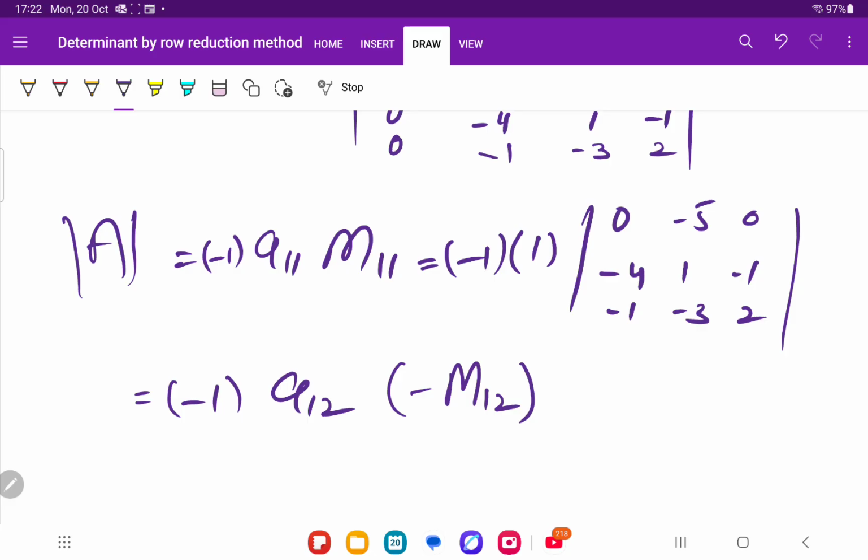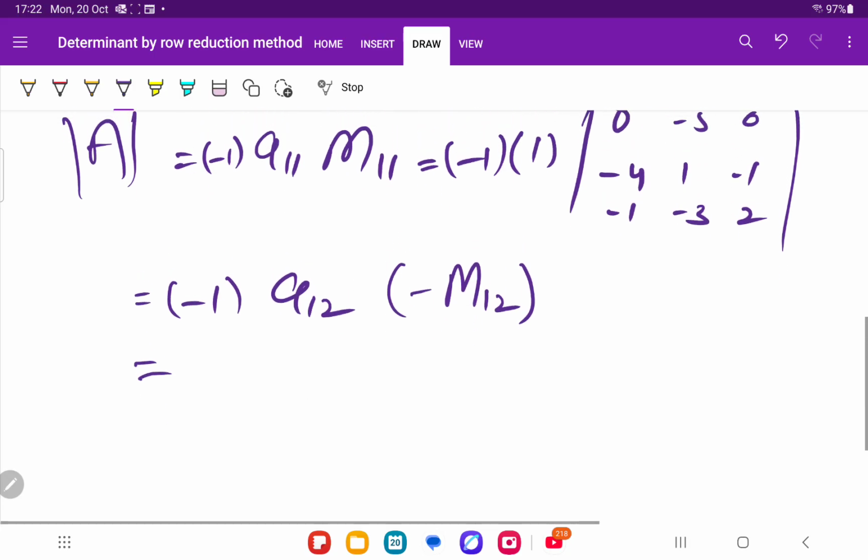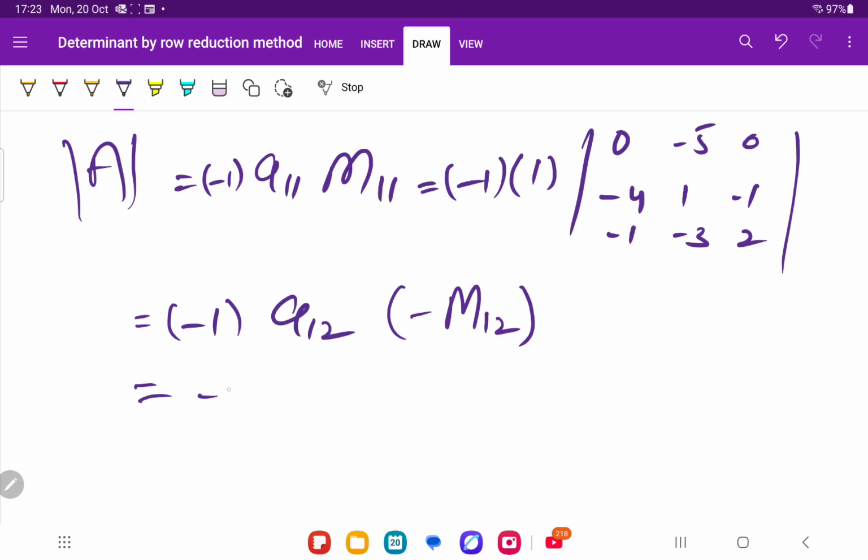Always. And then now I just need to write minus 1 multiplied by minus 5. Why minus 5? Because A12 is minus 5.